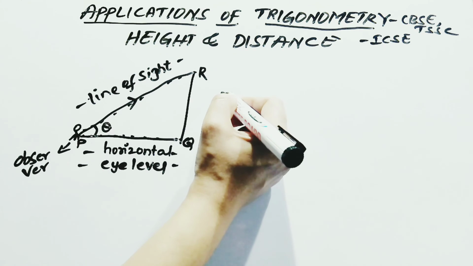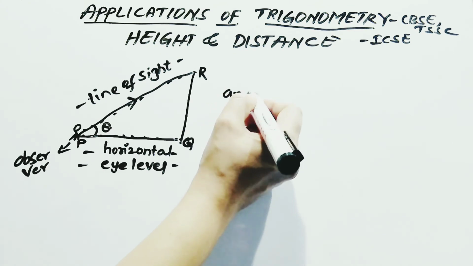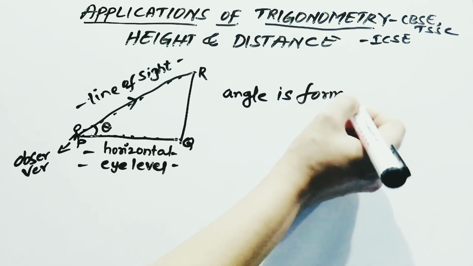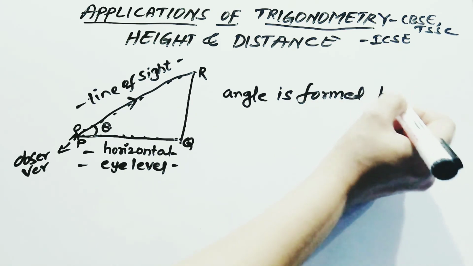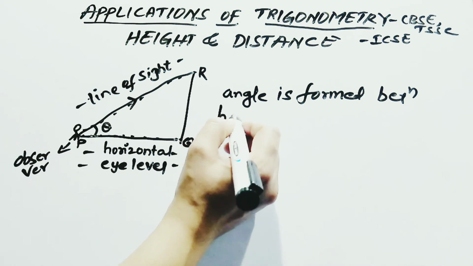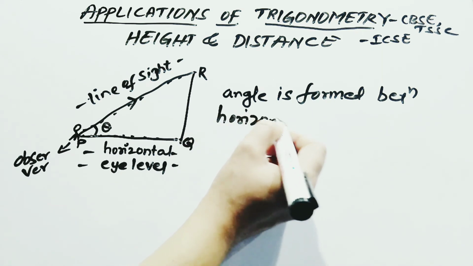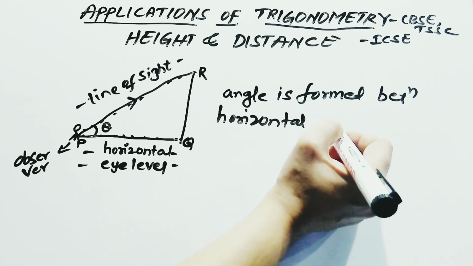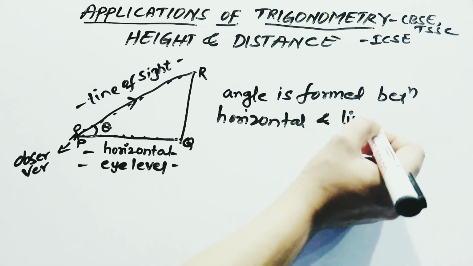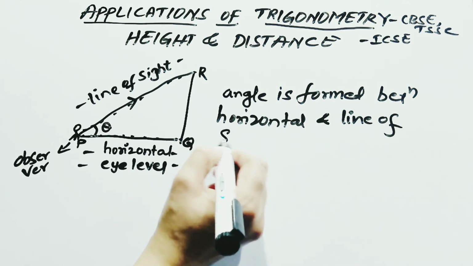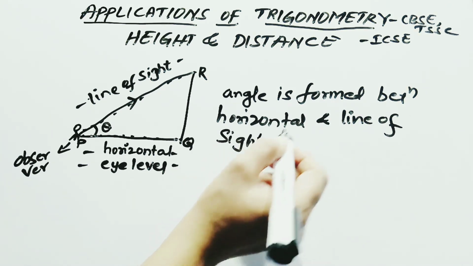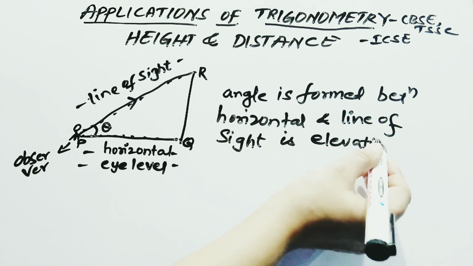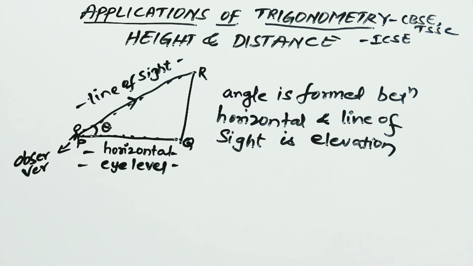The angle is formed between the horizontal and the line of sight. It is called the angle of elevation.